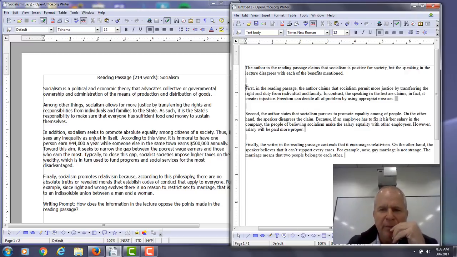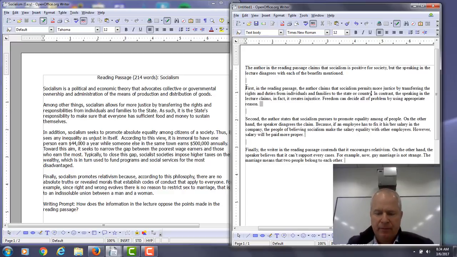So you have first in the reading passage, the author claims that socialism permits more justice by transferring the rights and duties from individuals and families. You want to say to the state or country.